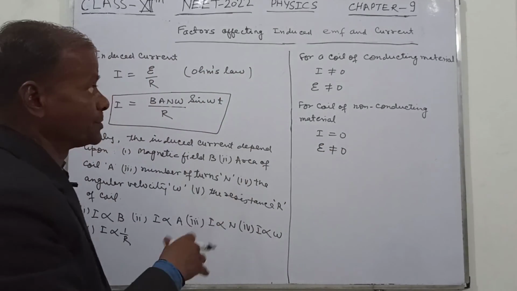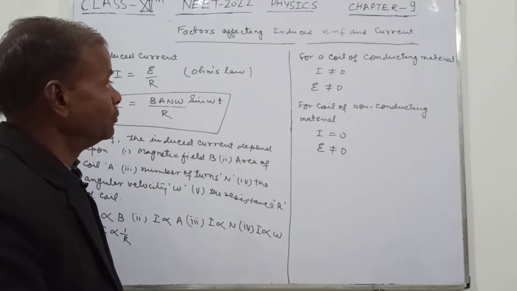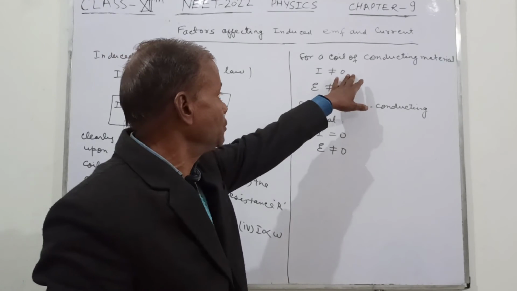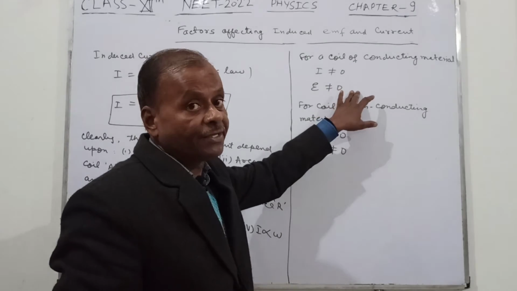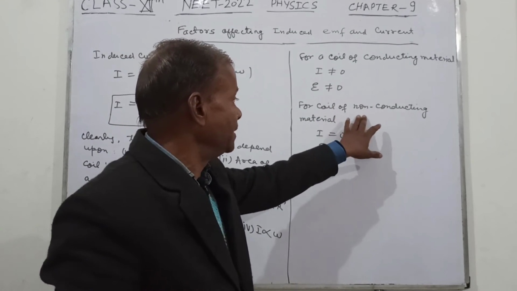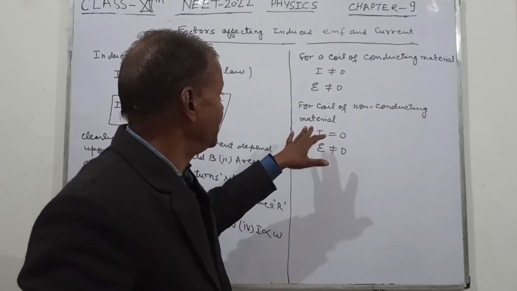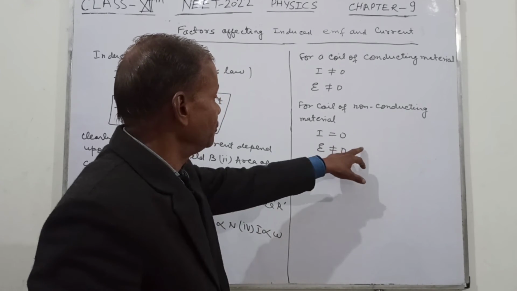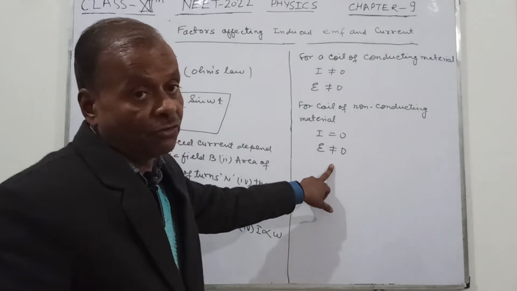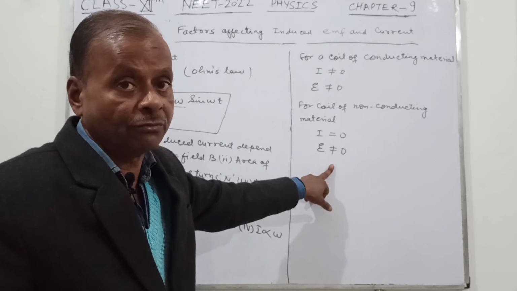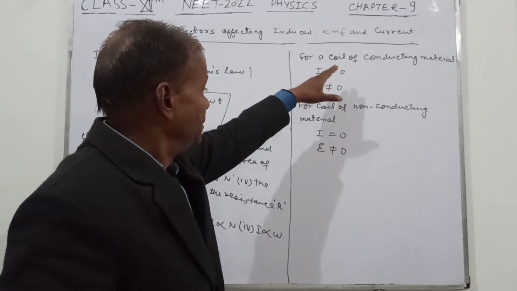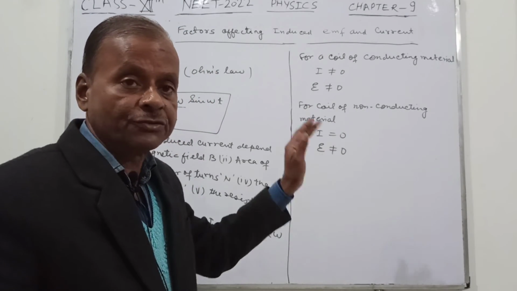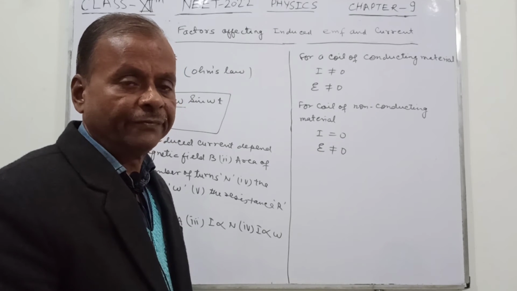This is the difference between conducting and non-conducting. In conducting, both will exist, but in case of non-conducting material, I will be equal to 0, but E is not equal to 0. Induced EMF is not 0. So this is the difference between the induced current and the induced EMF.